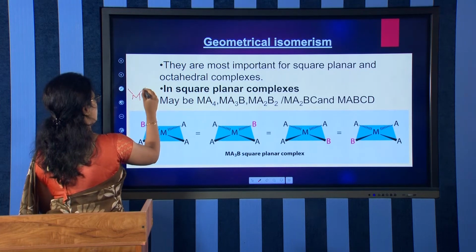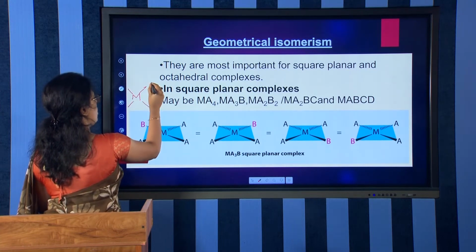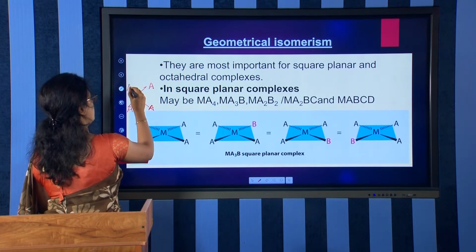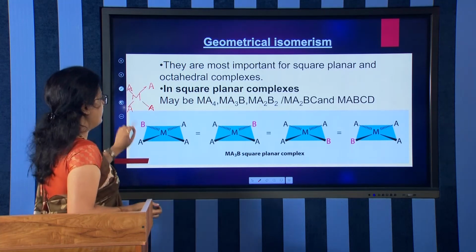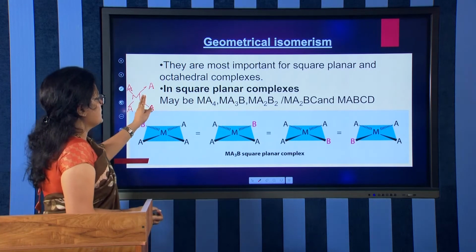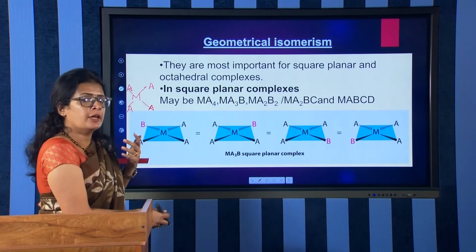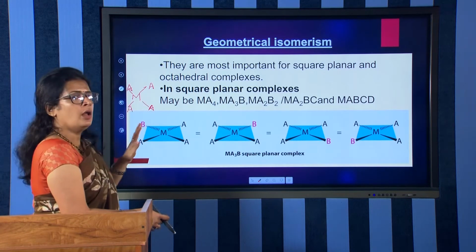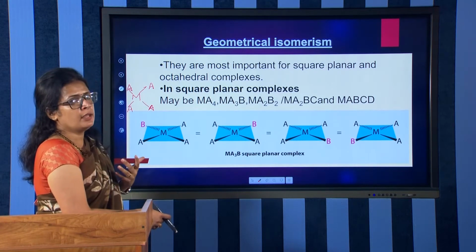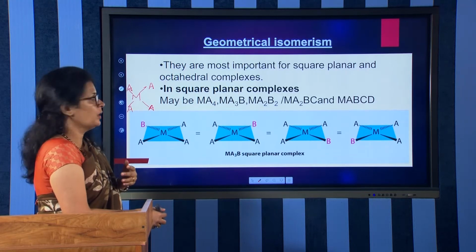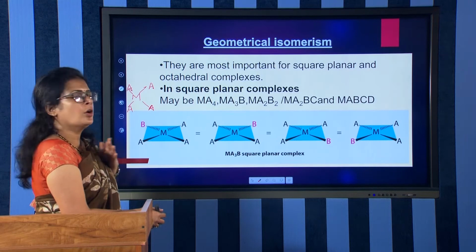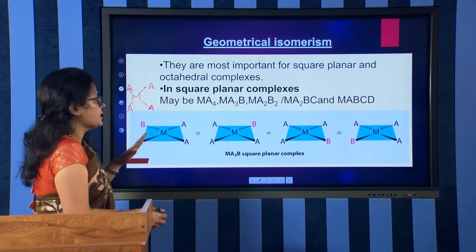A4 means all the atoms are the same, simply MA4 type. Is there any possibility of geometrical isomers for MA4 type? No, because all are the same ligands. Then how can we classify as cis and trans? It is impossible. So MA4 type will not show any geometrical isomerism.